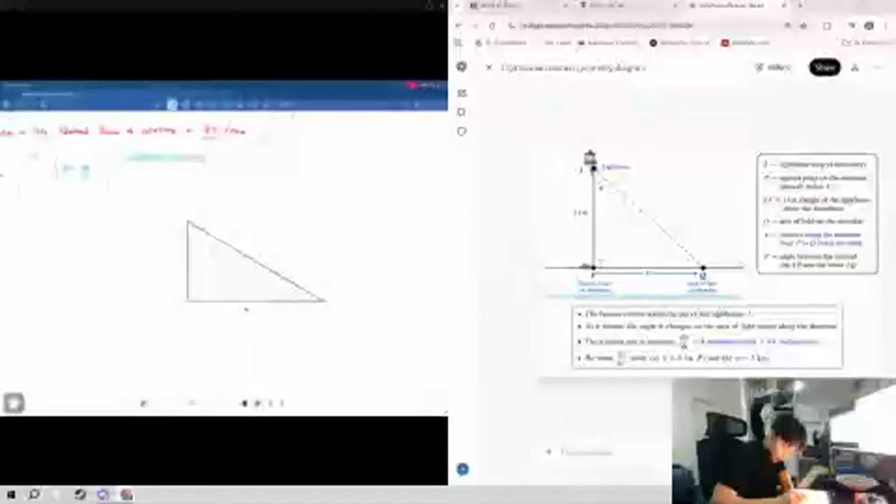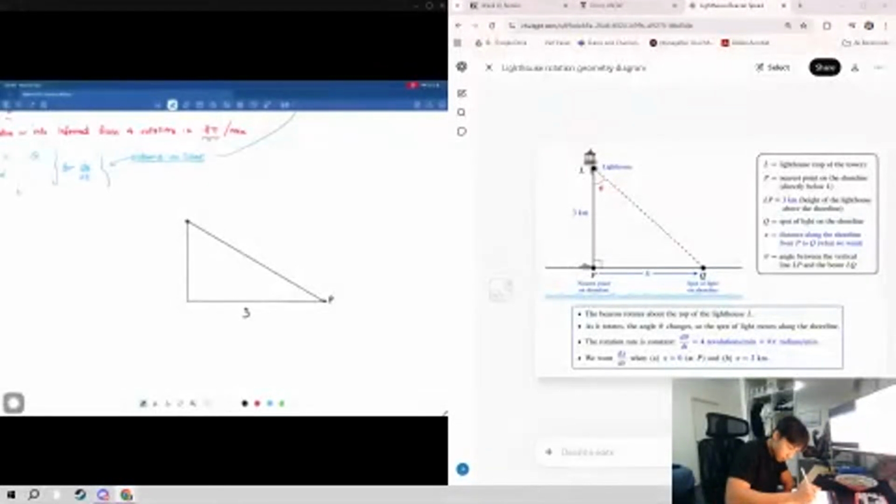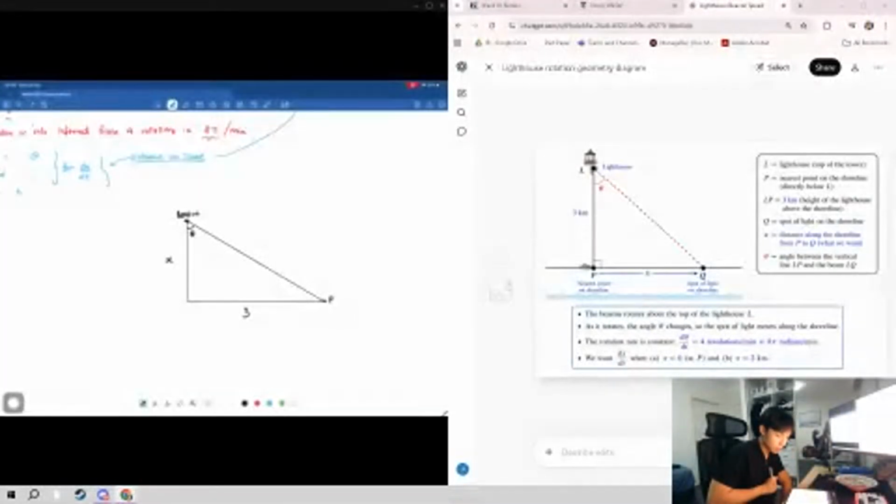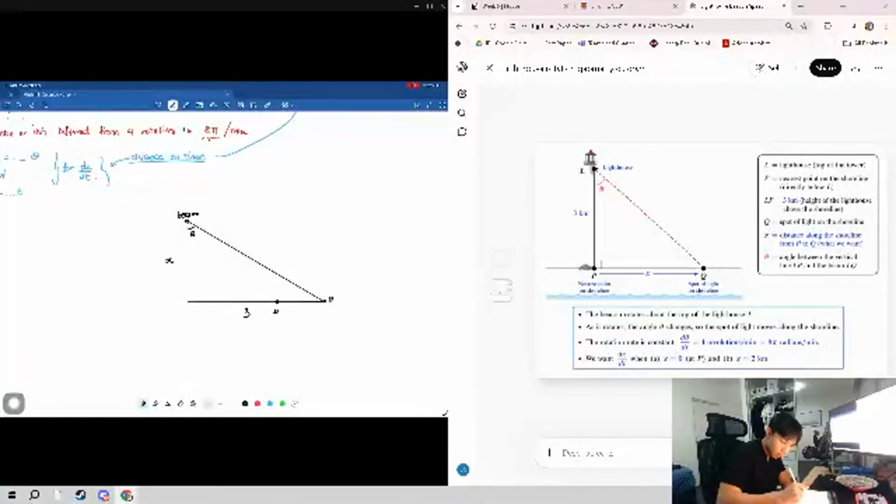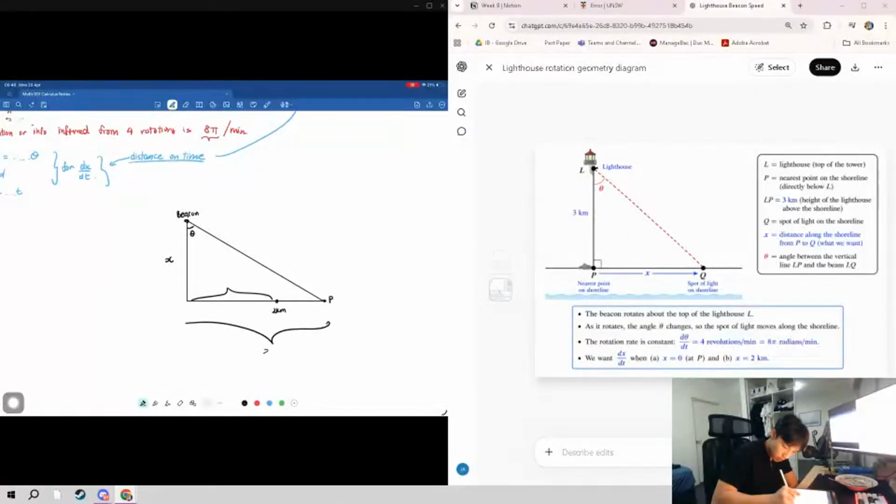So there's a point P right here. This is the beacon, the lighthouse, the theta, over X. And we have a point here which is 2 kilometers away from the lighthouse. And we have a point here that is 3 kilometers away.